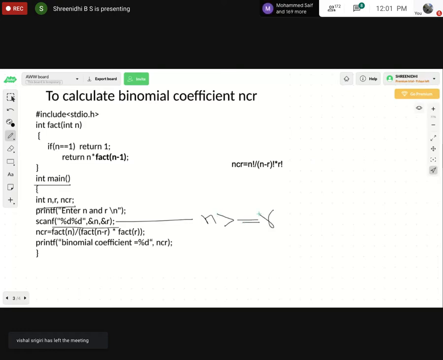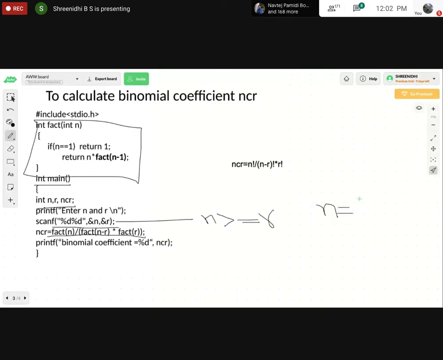This is one of the most important conditions in your binomial coefficient when you are giving the input. Always your n should be greater than or equal to r. Otherwise, you will not get the output. Here I am calling the function fact of n minus r into fact of r. All these three are the same function which I have created here. We will take my n value as 4.